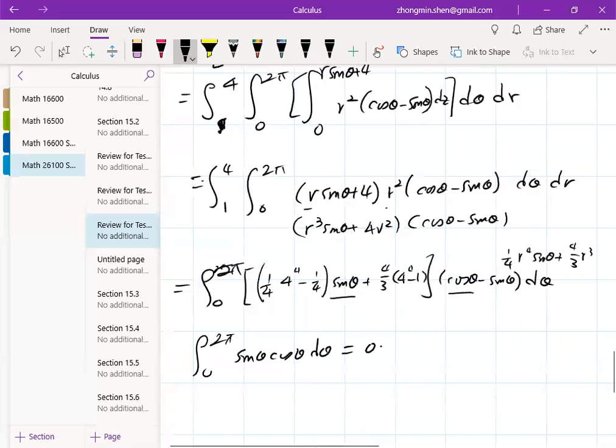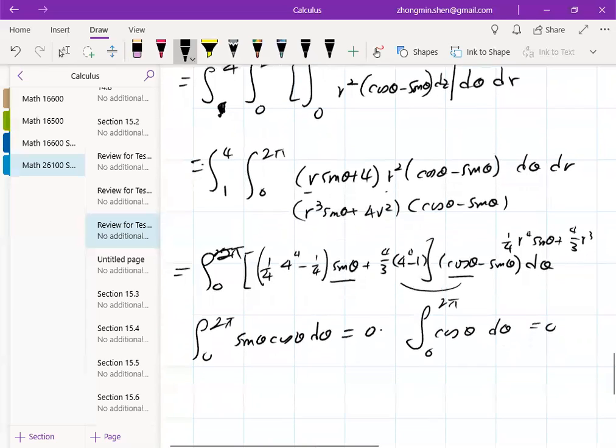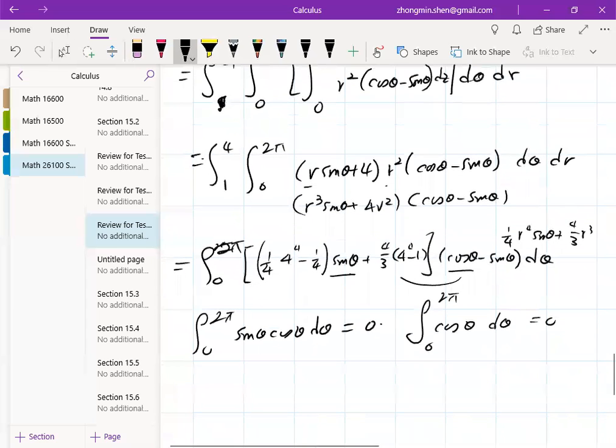Okay, it's obvious why. The cosine theta times sine theta integral will be 0, and the integral of a cosine theta is also going to be 0 from 0 to 2 pi. So this term will be 0.